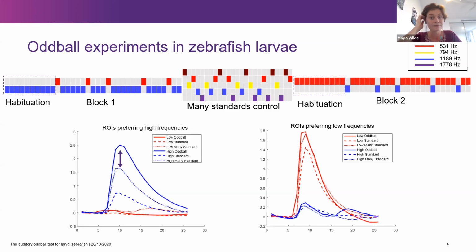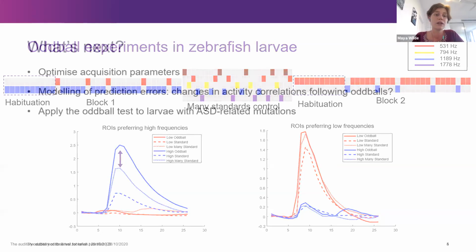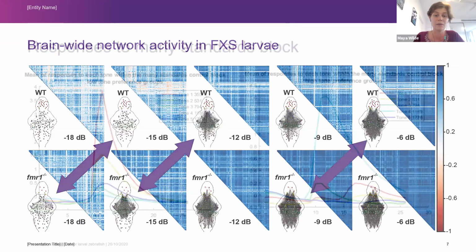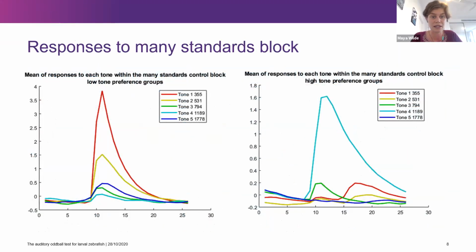That's interesting. Can you plot the average response for each of these frequencies during your many standards control to see if there is... Yes, I can. Within those groups that I had defined earlier, these are the preferences within the many standards control. The colors are different on the slide, sorry.